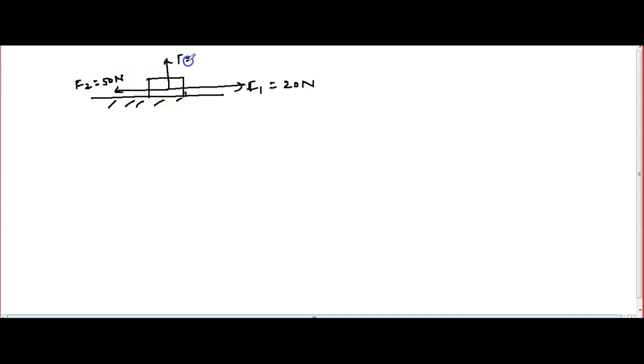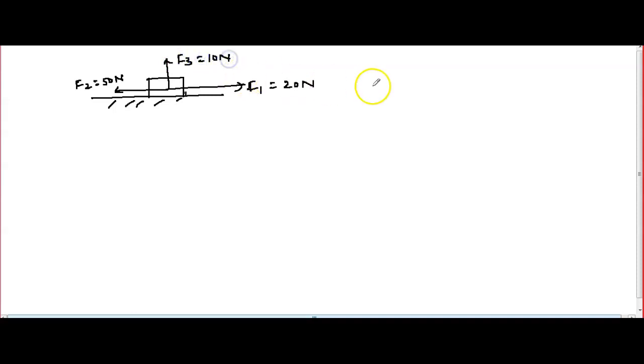Next, consider another example. Consider if it is given like this here, if any block is given here, this is F1 which is 20 newtons, and consider F2 is equal to some other force, 50 newtons, and F3 is equal to 10 newtons.